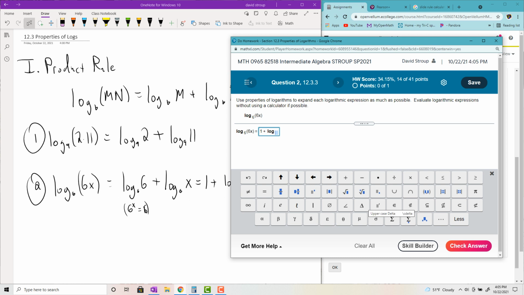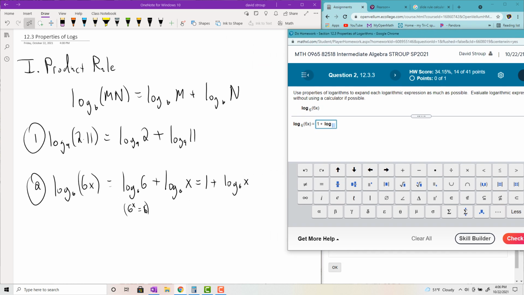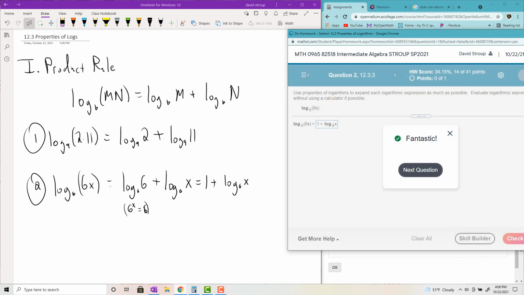So if I wanted an uppercase delta, apparently, I can put slash and then C delta, and it will give me that. So there are shortcut keys. If you have to use it all the time, it's not bad. Not a bad idea to know those shortcuts. Okay, so anyways, log base 6 of x, and check your answer.